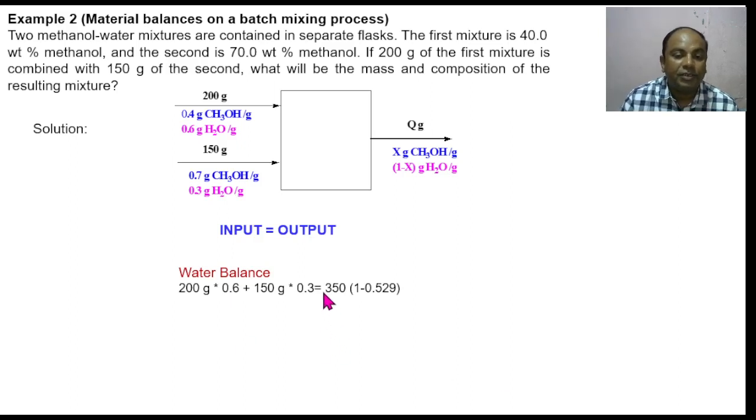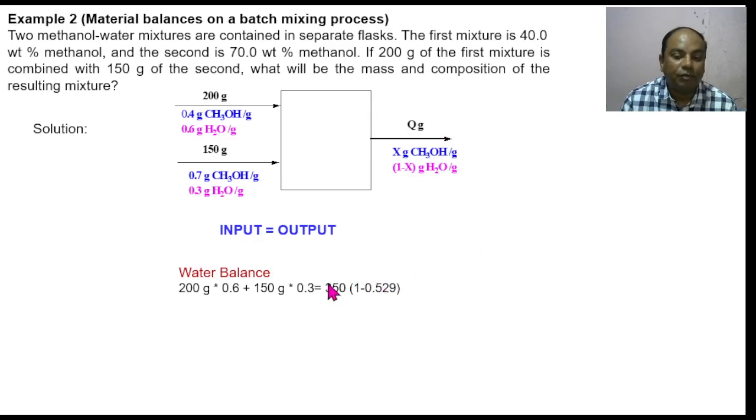This is equated to the right hand side. Q, the total resulting mixture, multiplied by the mass fraction of water present in the resulting mixture, gives the amount of water present in the resulting mixture.